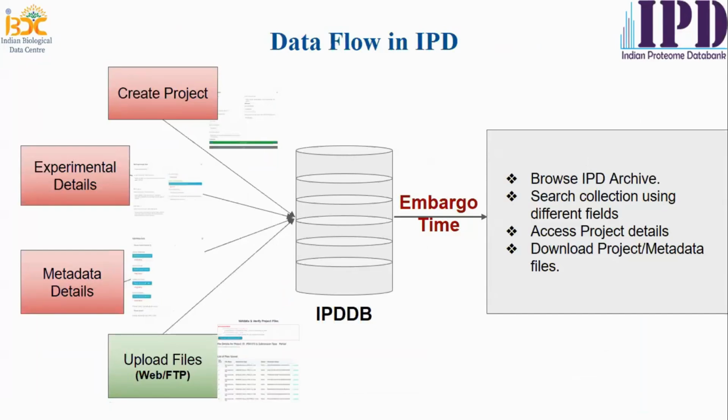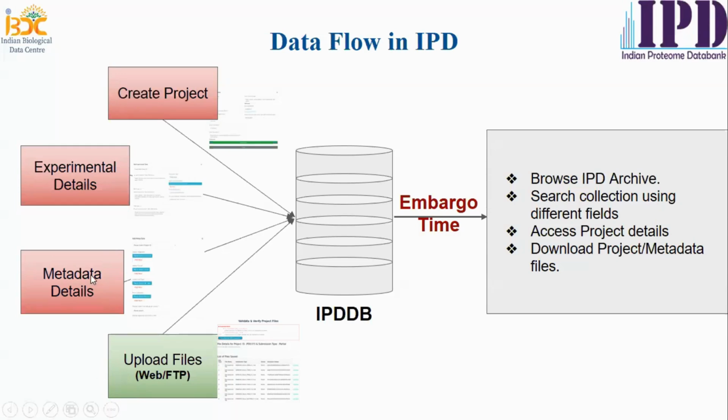Before going to the dashboard, I will just show what sort of information users need to fill for a proper submission. First you have to create a form related to this project. Basic information about the project you have to fill, then experimental details, type of samples, study, separation method, and characterization approach used during the experimental setup.